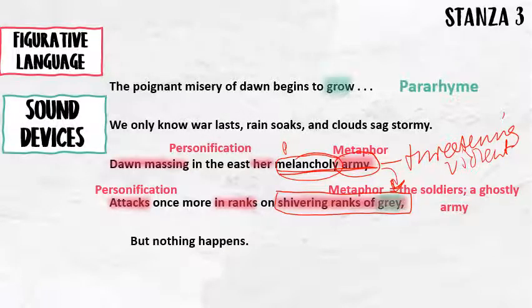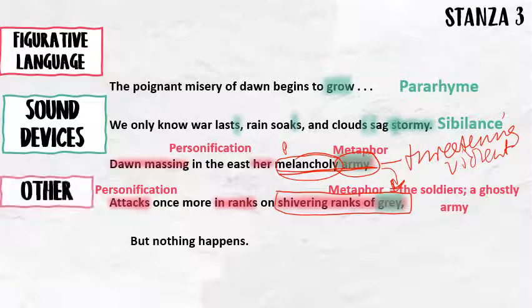Sound devices, again, the pararhyme. We have sibilance, which is the repetition of the S sound. So lasts, soaks, clouds, sags, stormy. And often sibilance is used to really capture a specific sound and rhythm.